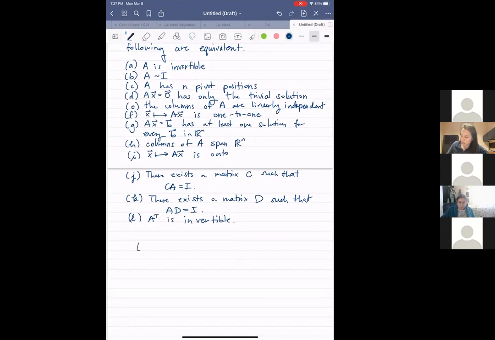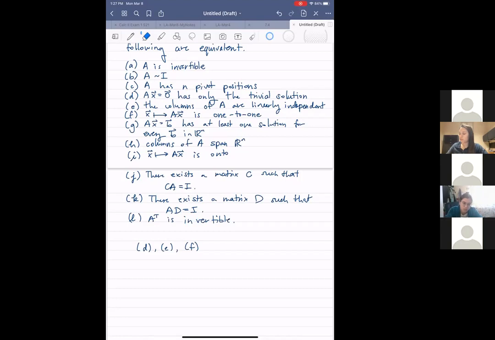Items D, E, and F are about being 1-to-1. So D, that A times X equals 0 has only the trivial solution. We proved that that was equivalent to F, to the linear transformation being 1-to-1, right? And also the fact that if the columns of A are linearly independent, then the linear transformation is 1-to-1.